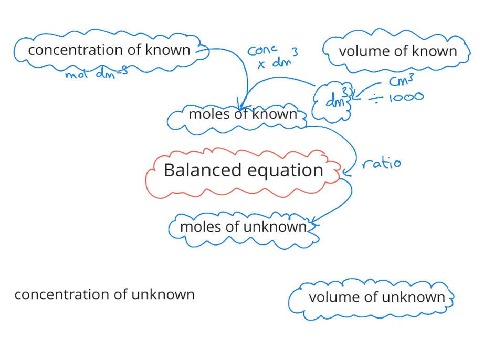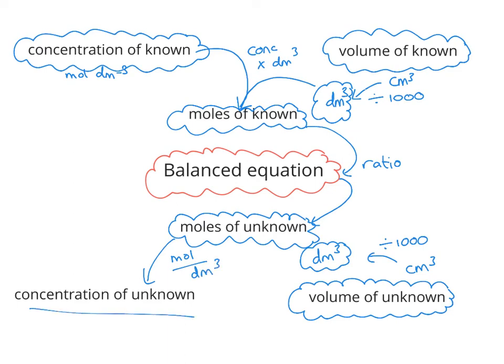So again, volume of unknown is in centimetre cubed, and so we need to again do that divide by 1,000 step to get decimetre cubed of our unknown. Once we've done that, we can do moles divided by decimetre cubed to work out concentration of unknown.